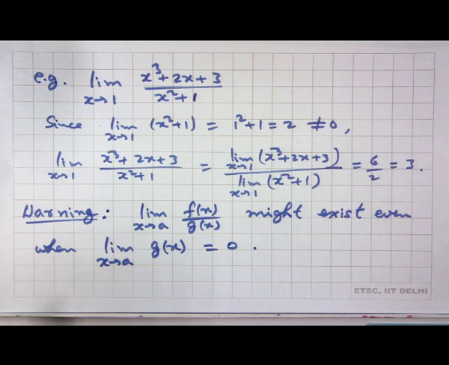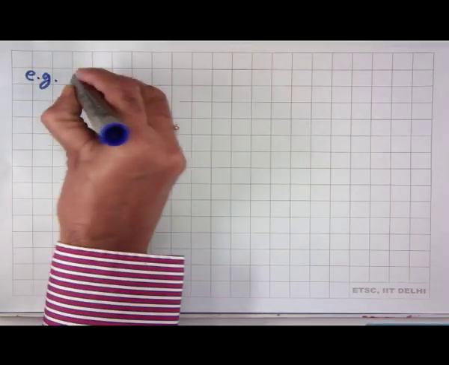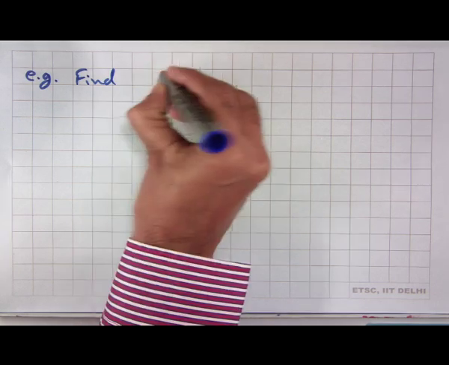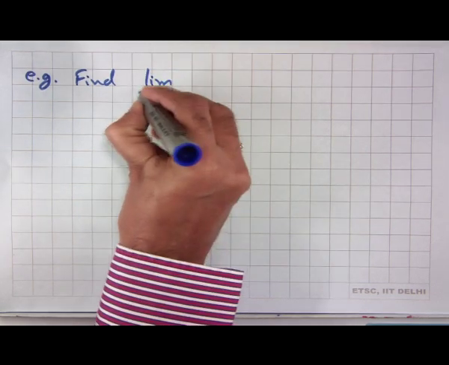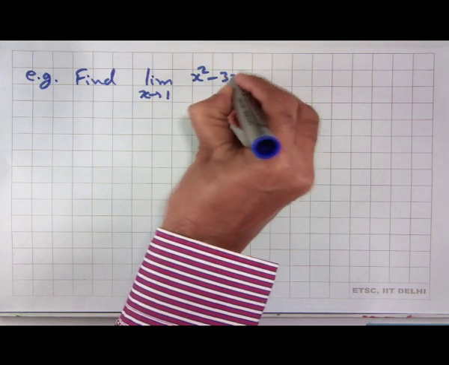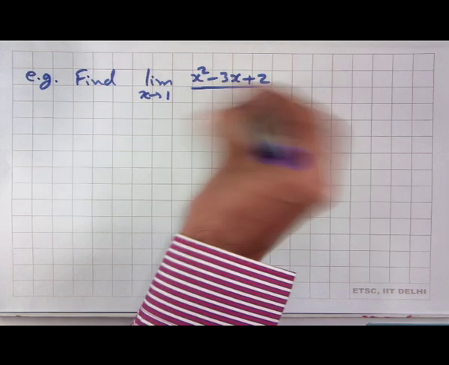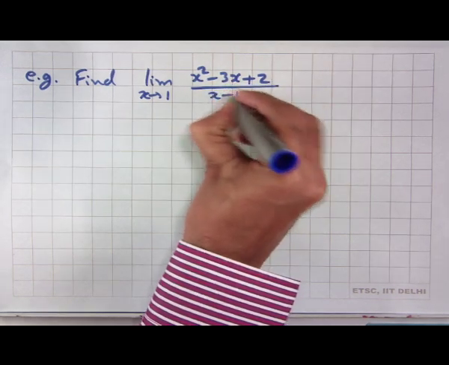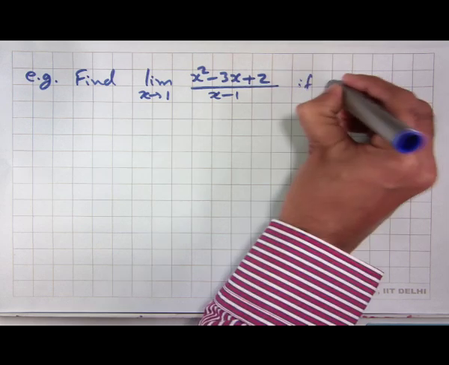In fact, we will see that most of the important examples will be when the limit of the denominator is actually equal to 0. So, for example, find the limit as x goes to 1 of x square minus 3x plus 2 divided by x minus 1, if it exists.